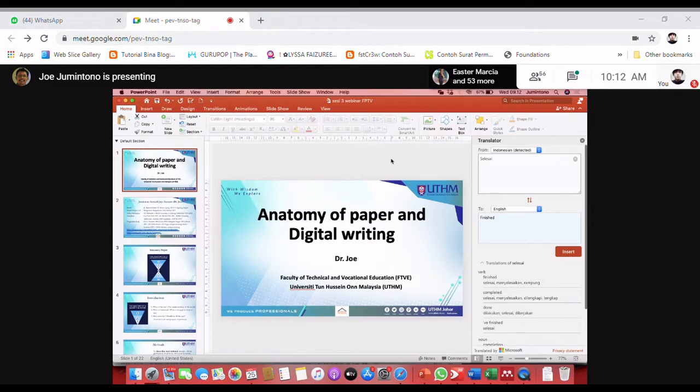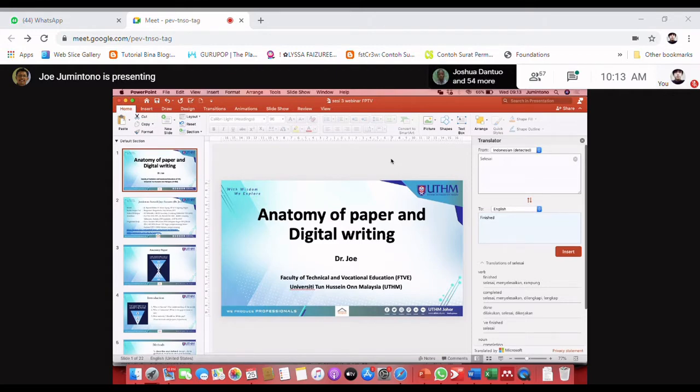I want to explain more slowly because in writing a scientific paper, this is the most difficult and most important part that the writer must pay close attention to.